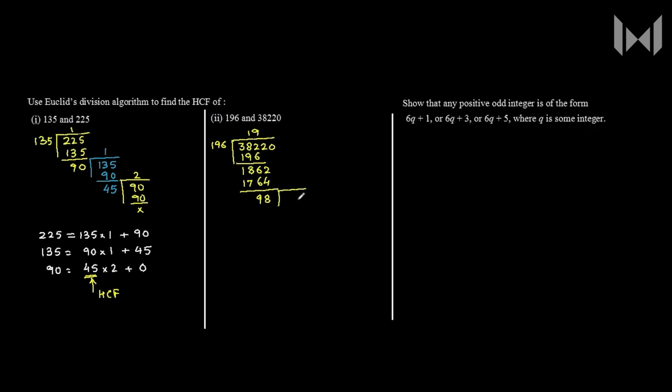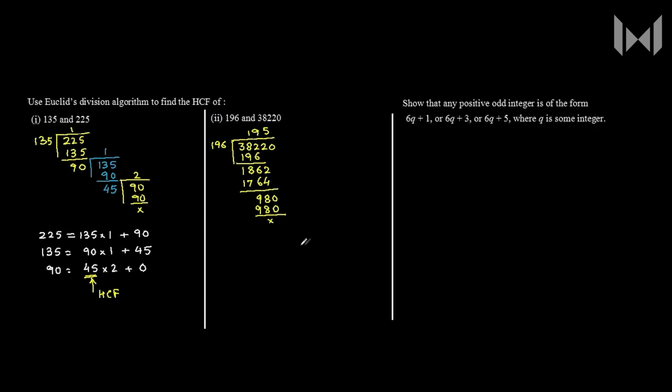We divide, so this will be 196, just a minute, 98, and then the 0 and a 0, then 196 into 5, 5 6s are 30, 9 5s are 45, 48, and 9.